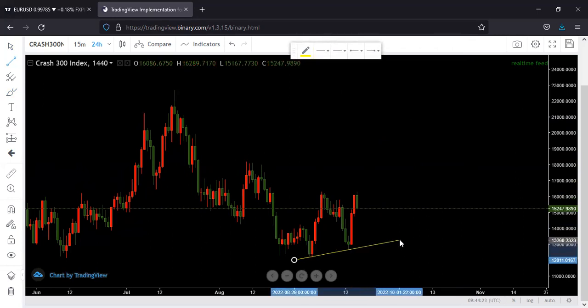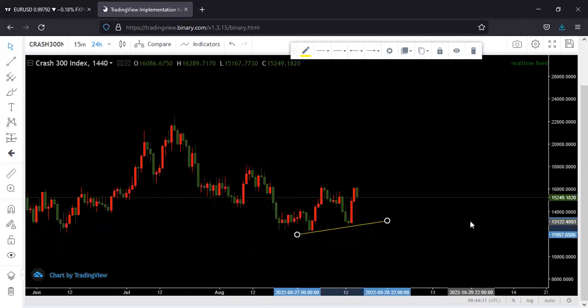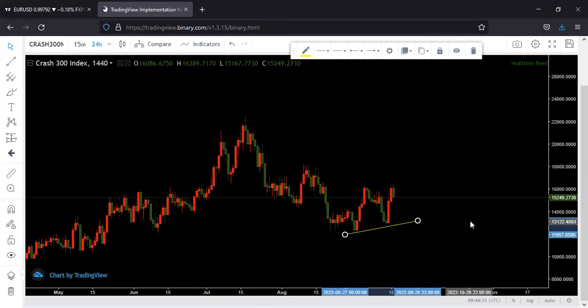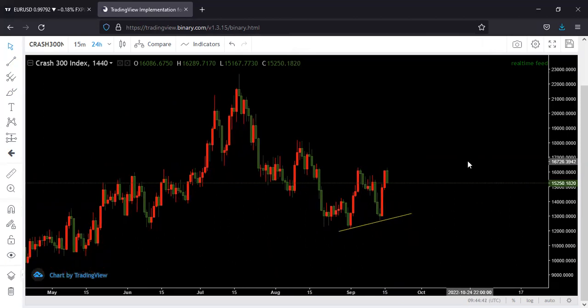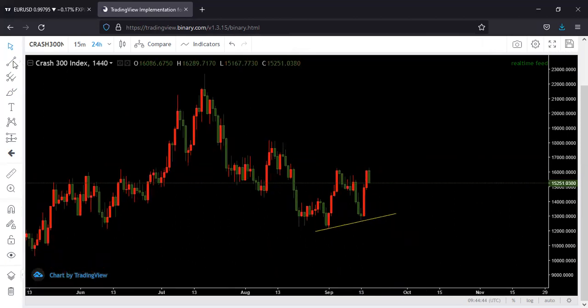So I'm going to take my trend line and draw it from this point to this point, starting from the starting point of the correction. Make sure you zoom in and out as much as possible so that you can see the clear details. Now again, I'm going to take my trend line and draw it from this point to this point.